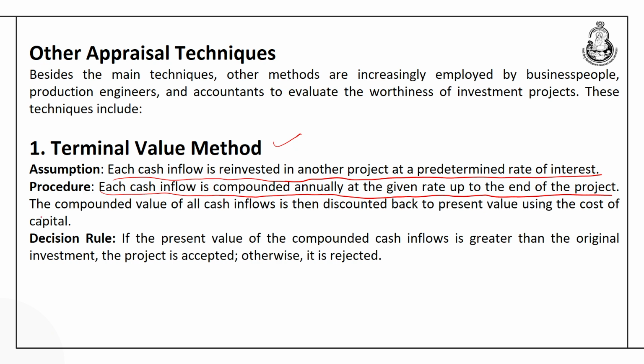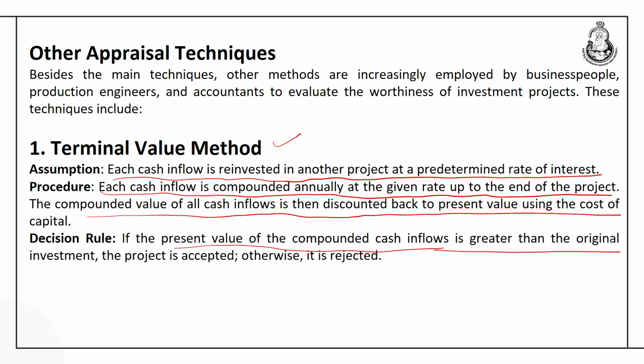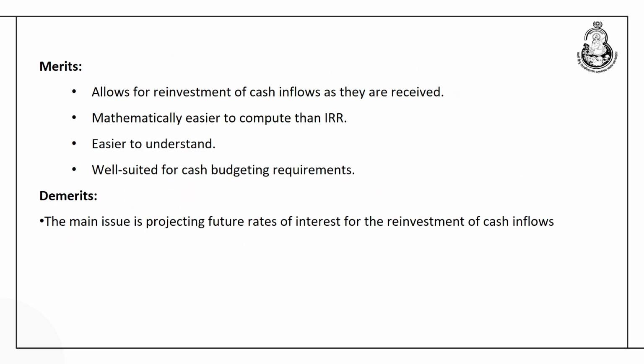This compounded value of all cash inflows is then discounted back to present value, where we use the cost of capital as the discount rate, and if the present value of the compounded cash inflow is greater than the original investment, we of course would be in favor of the investment, otherwise the project may be rejected.